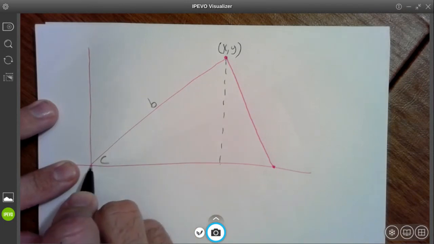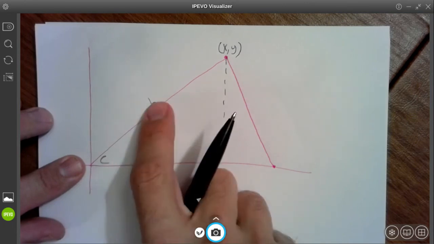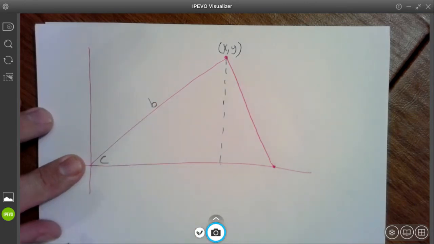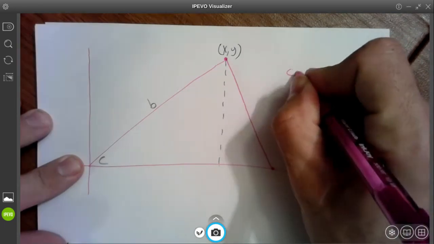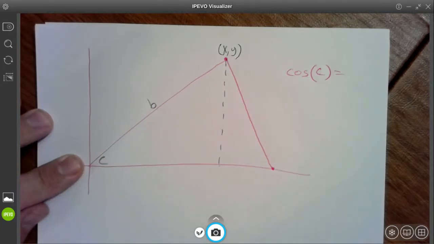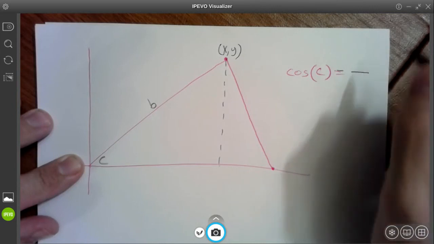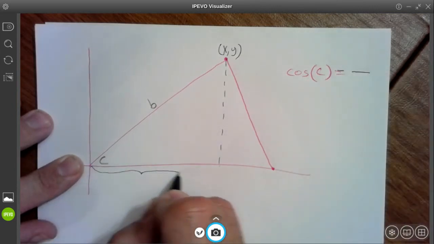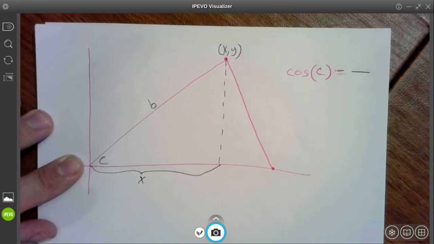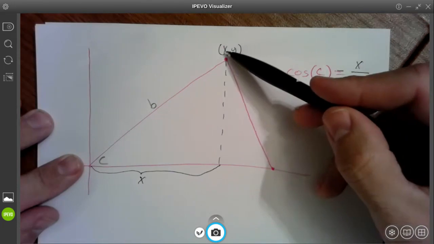Now, to figure out that distance as it relates to angle C and side length B, I'm going to have to do cosine of angle C. Cosine of angle C is going to be adjacent over hypotenuse. The adjacent side is whatever this X value is right there, and that corresponds to the X coordinate up there.